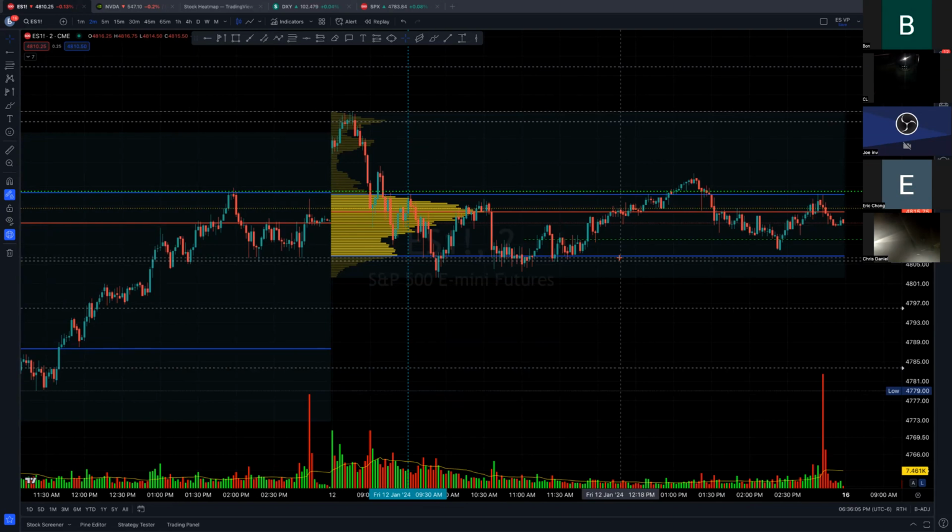So if you think that just drawing a level is gonna help you touch the level, enter calls, enter puts, and then just go with it, I think you need to really work on analyzing what happens around the level. And that's really going to change the way you interpret the market and the way you interpret your levels.